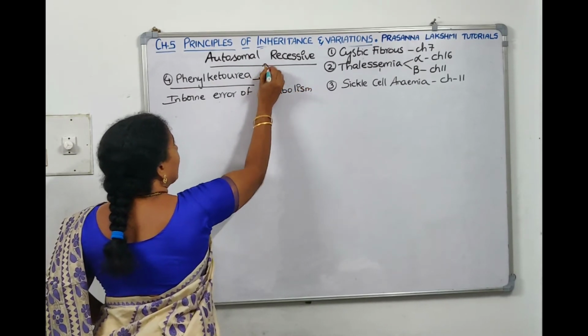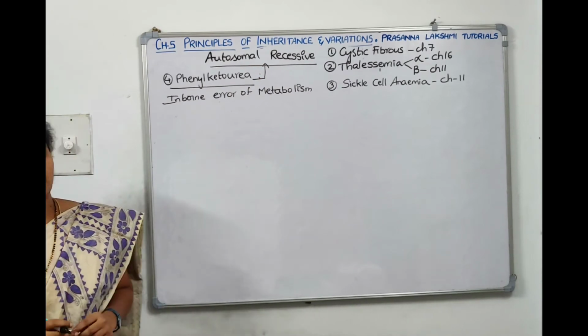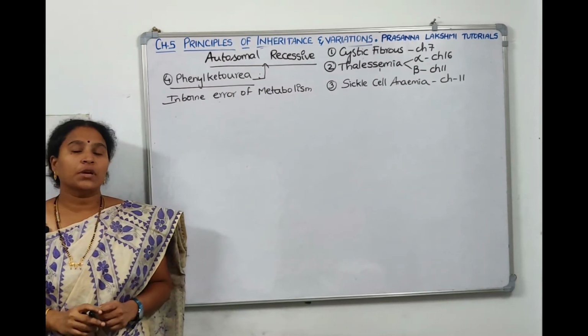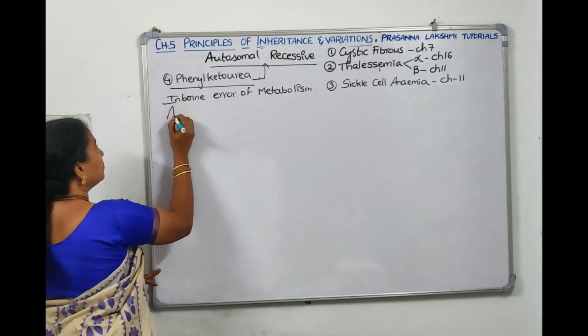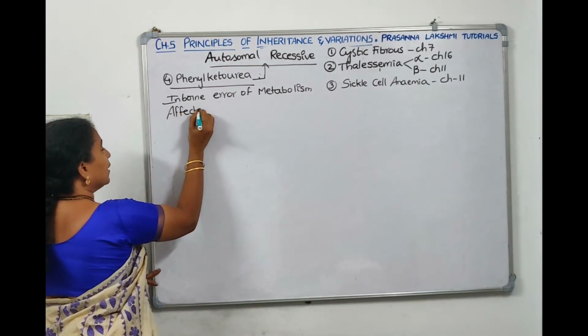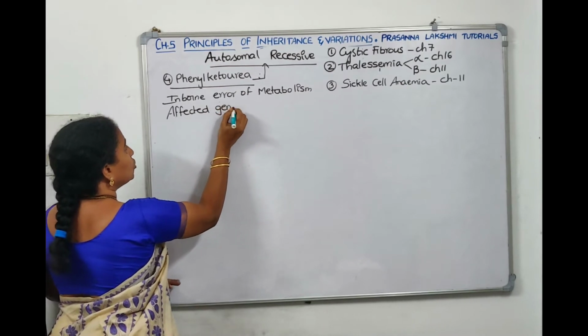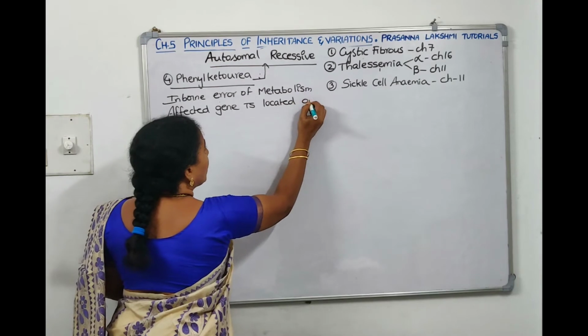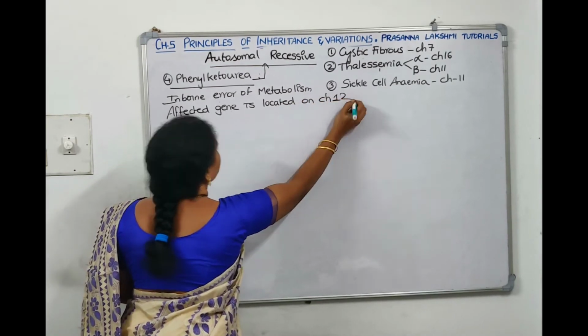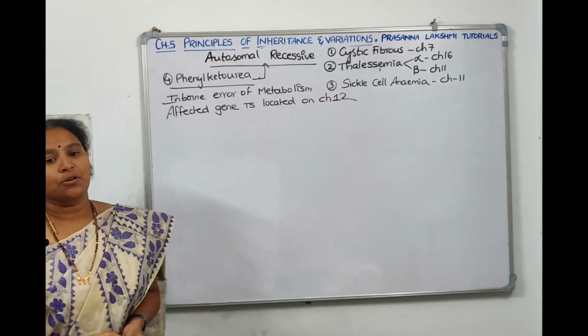This is also an example of autosomal recessive disorder. The affected gene is located on chromosome number 12 in phenylketonuria.